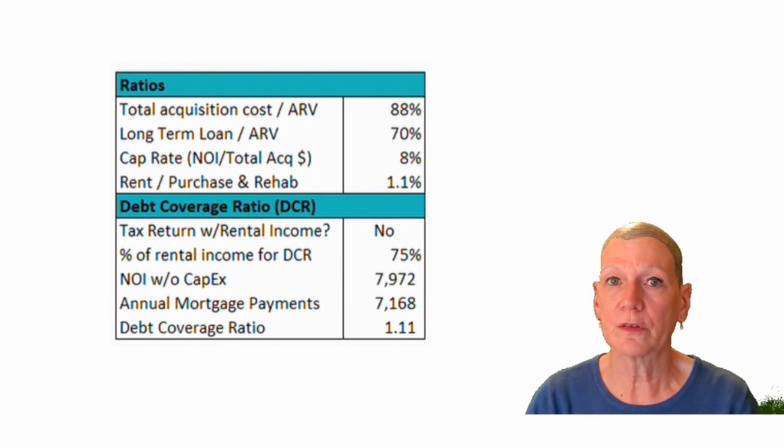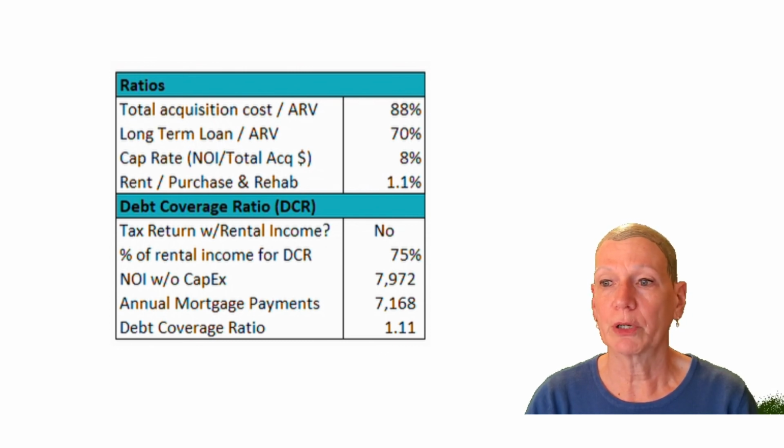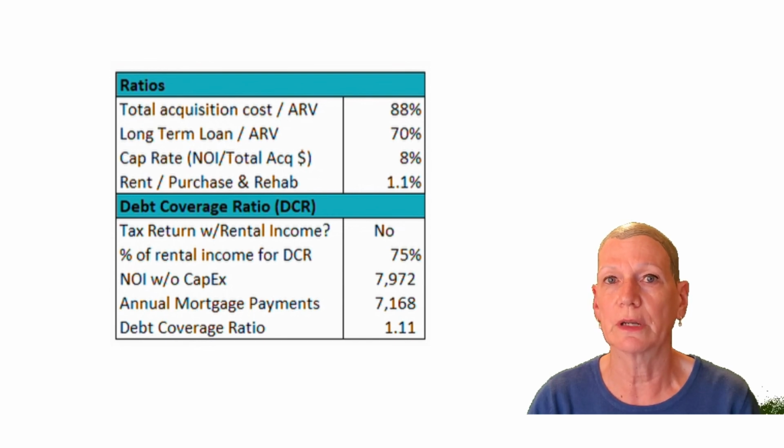So in that case, your lender may not be willing to lend the full amount that you're looking for this property. And that in itself might be a deal breaker, even if it makes your cash flow targets. If it doesn't look like you're going to be able to get the refinance that you want or need at the end, then that's also information that you want to have before you buy. So that's why it's included here in your analysis of a potential rental property.